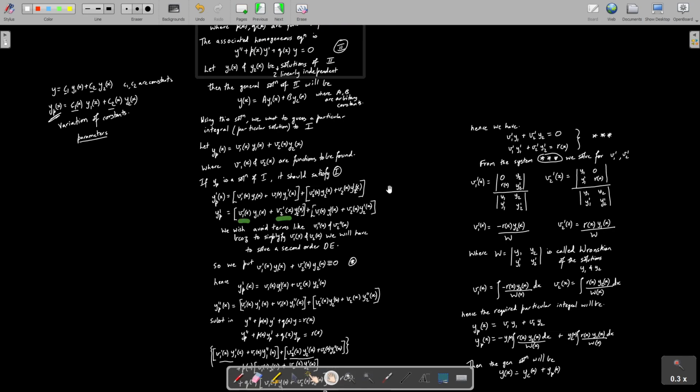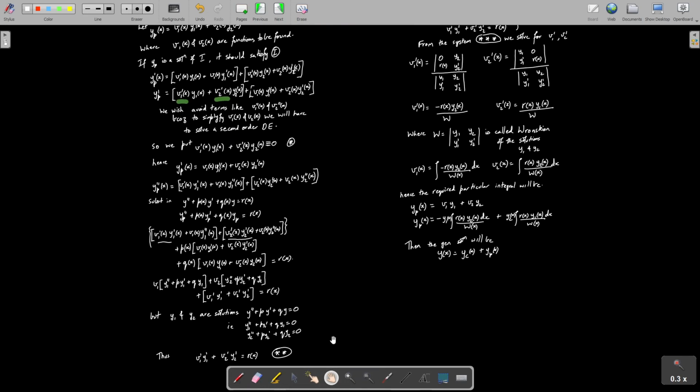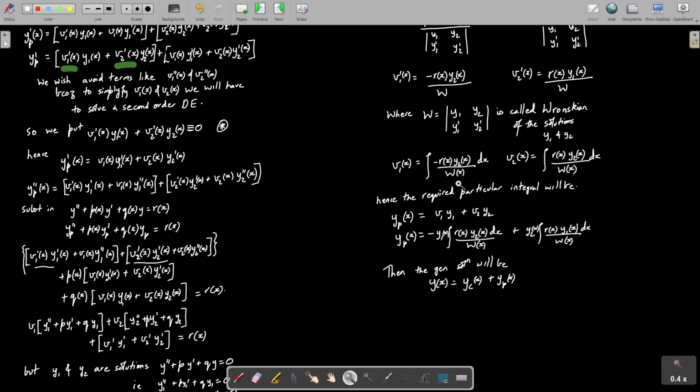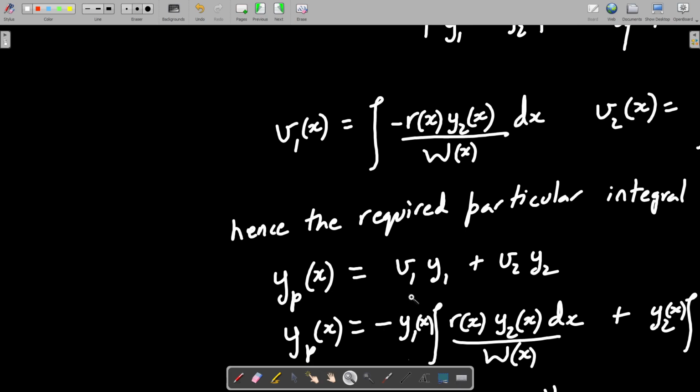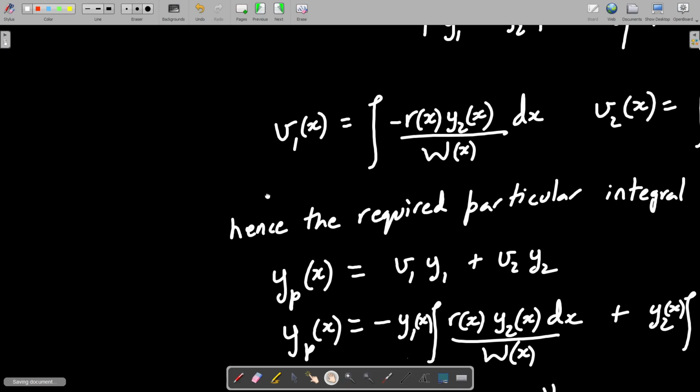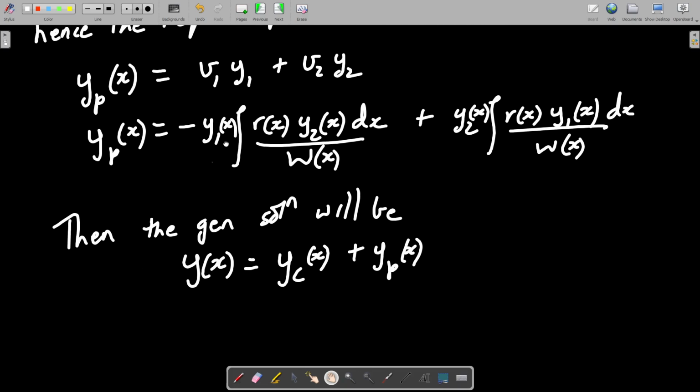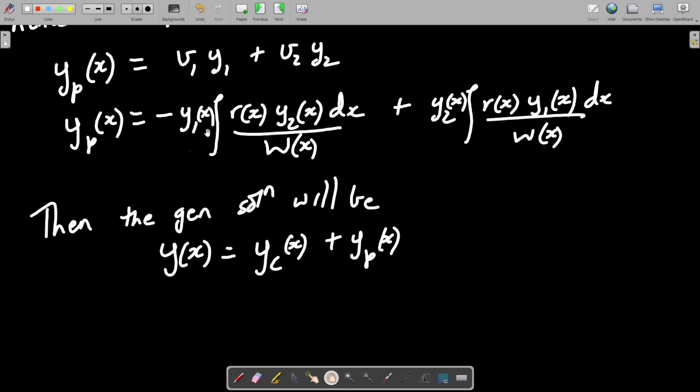Using Cramer's rule, we had found the final answer: yp is this integral of r of x divided by the Wronskian.